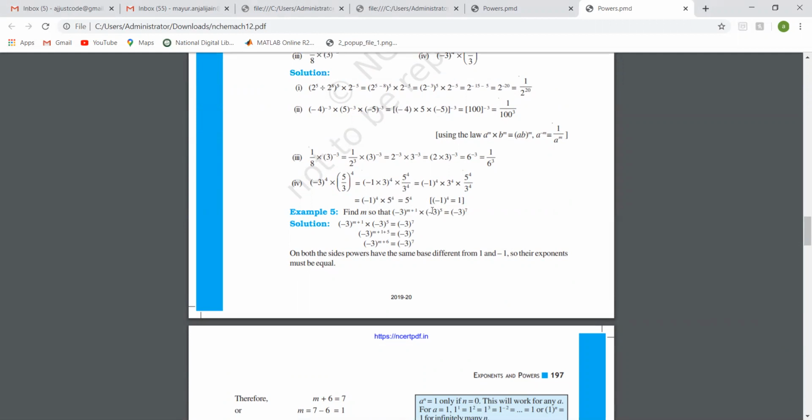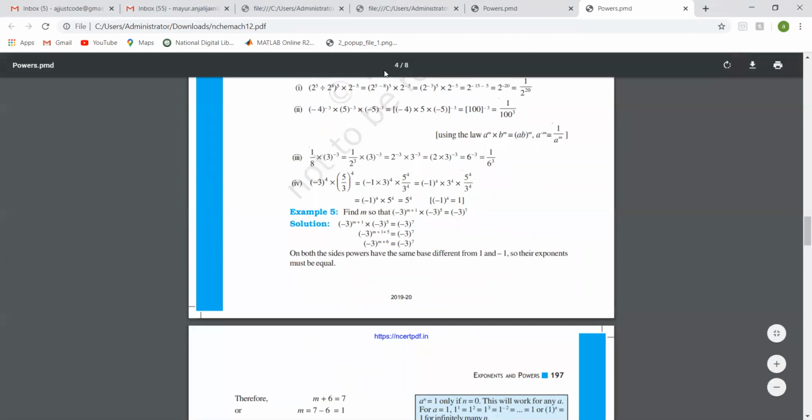You can apply the law of exponents for multiplication on the left hand side. As minus 3 is in multiplication, the powers get added. So can I write this as (minus 3) raised to the power m plus 1 plus 5? So it becomes (minus 3) raised to the power m plus 6. And on this side I am getting (minus 3) raised to the power 7.